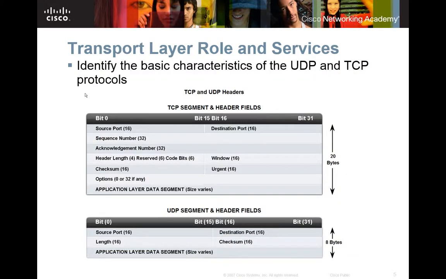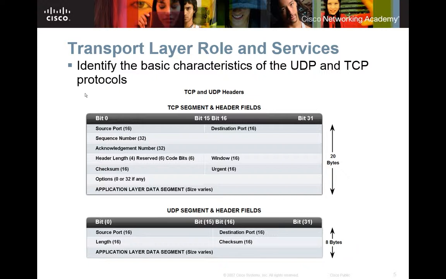Here's the difference between a UDP and a TCP header. They both have a source and destination. They have a checksum. But look at all this extra information. And then they all have the data segments. 20 bytes versus 8 bytes.